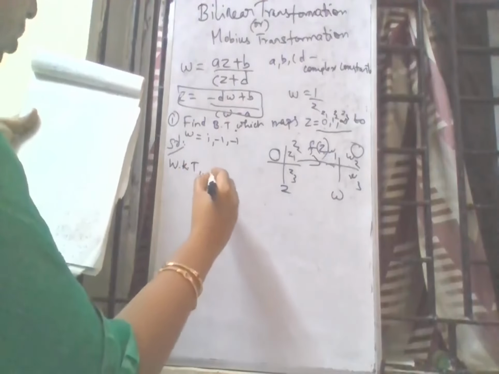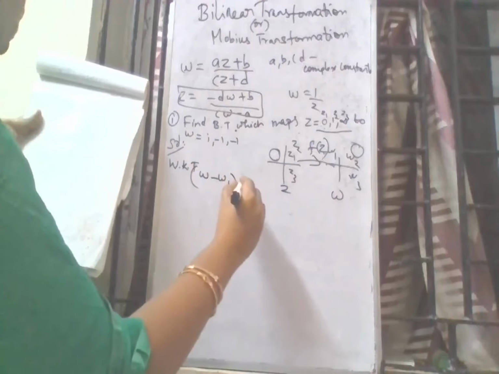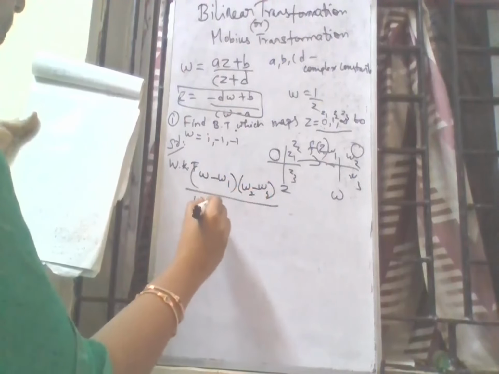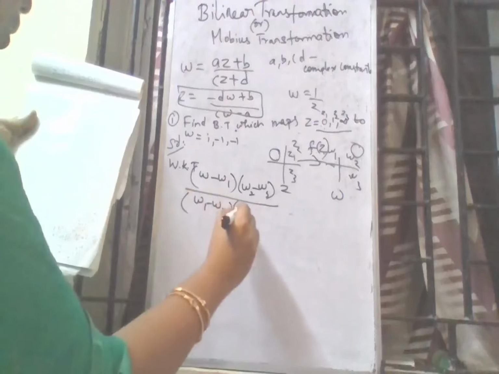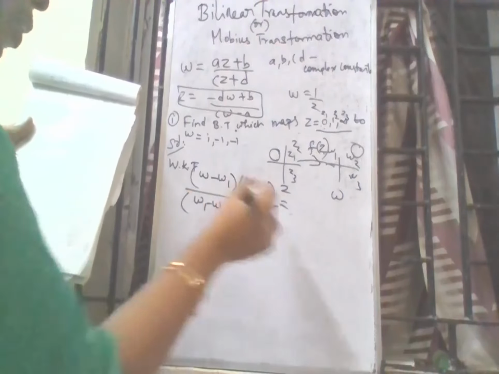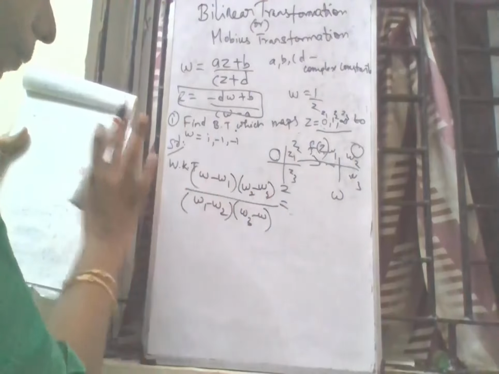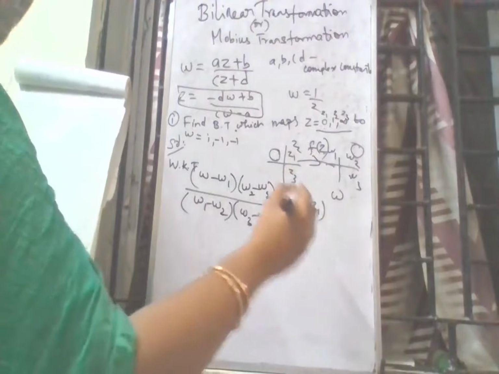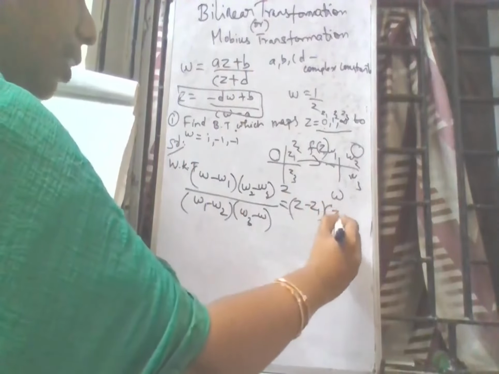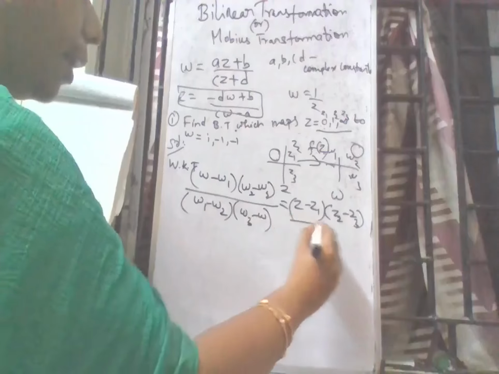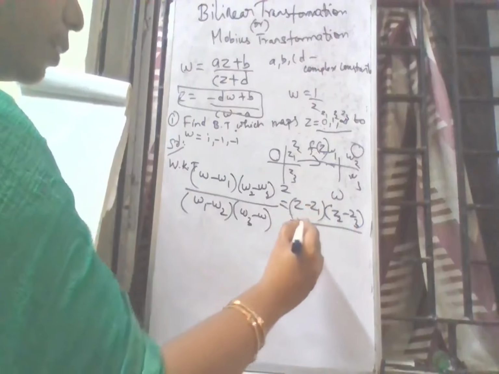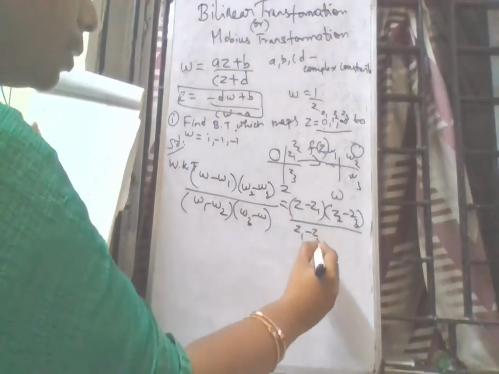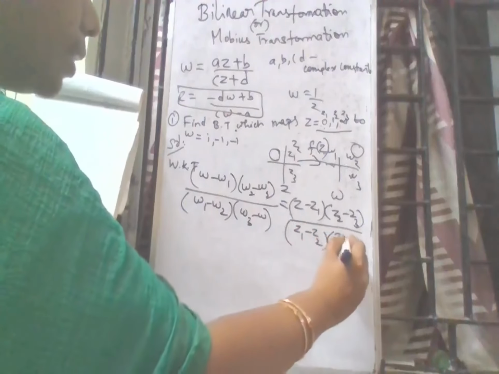I'll write the property as: (W minus W1)(W2 minus W3) divided by (W1 minus W2)(W3 minus W) on the LHS. Similarly on the RHS, copy the same thing, wherever W comes, write Z: (Z minus Z1)(Z2 minus Z3) divided by (Z1 minus Z2)(Z3 minus Z).